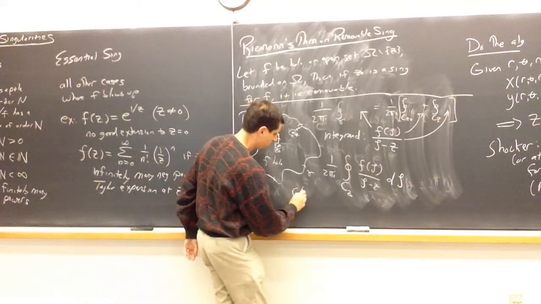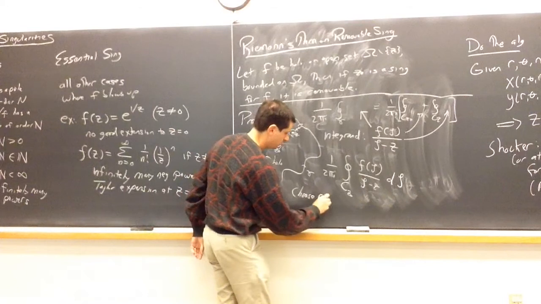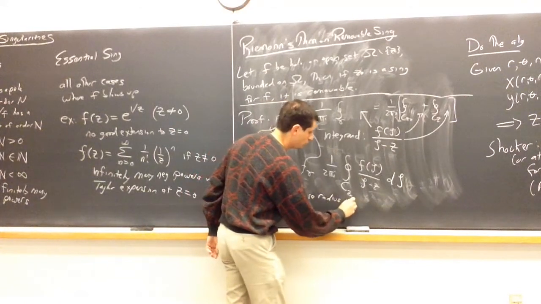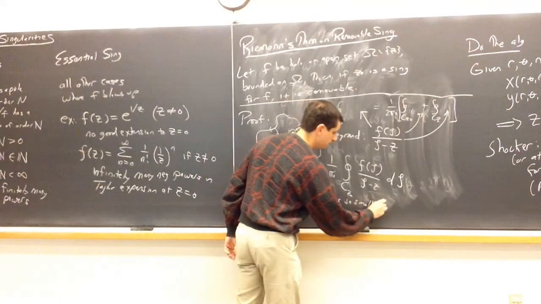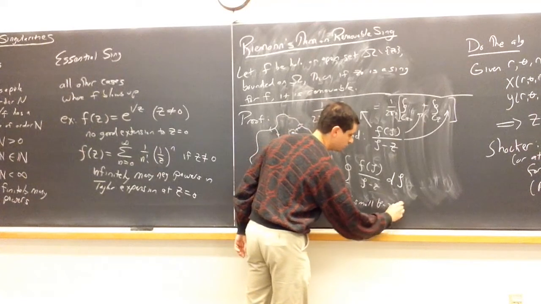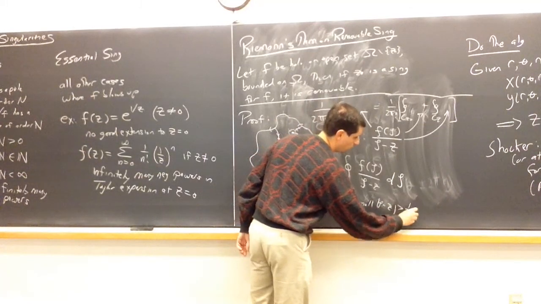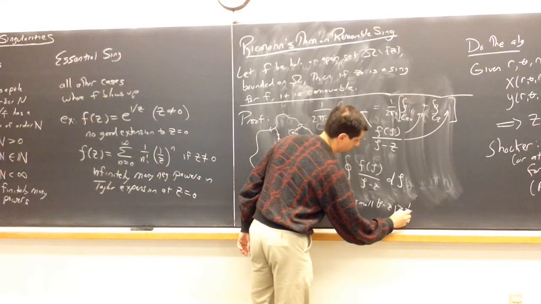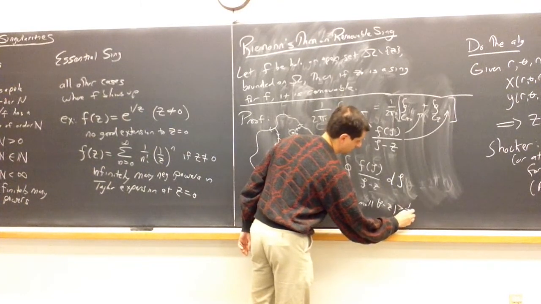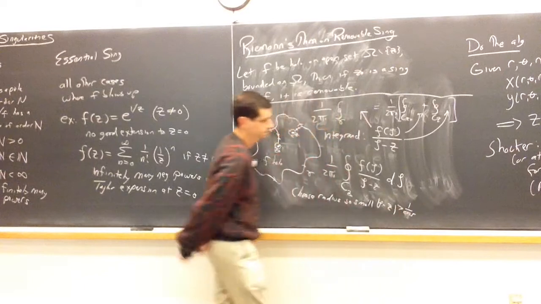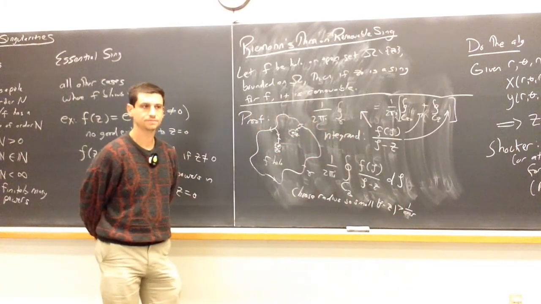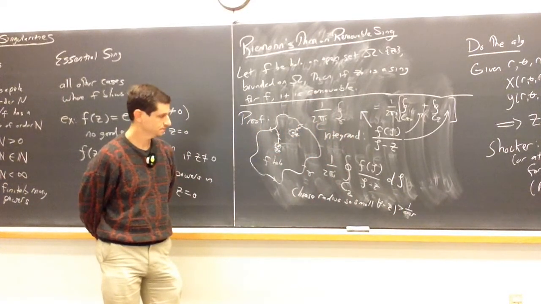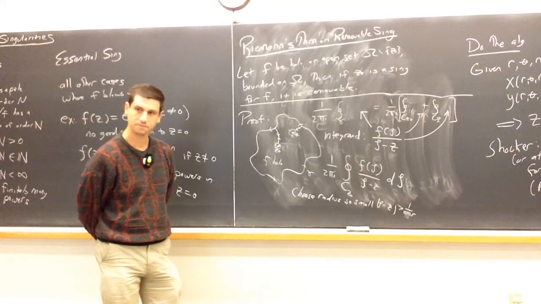So choose the radius so small that the absolute value of zeta minus z is, say, greater than 1 over 2015. Or can we always do that? No.